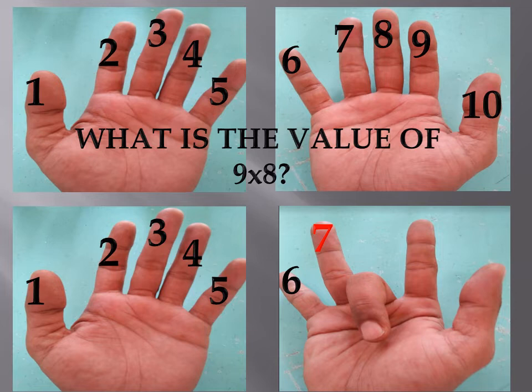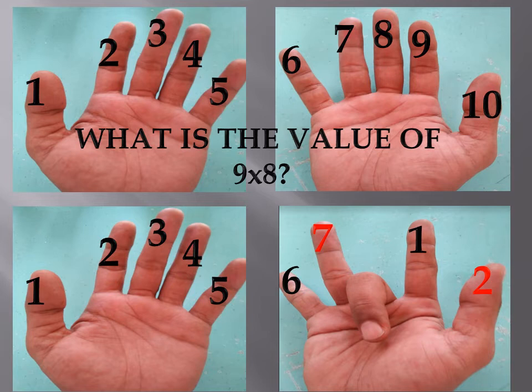And then let us count now the number of fingers right after the closed finger. We have 1 and 2. There are 2 fingers right after the closed finger. Before the closed finger, there are 7 fingers.